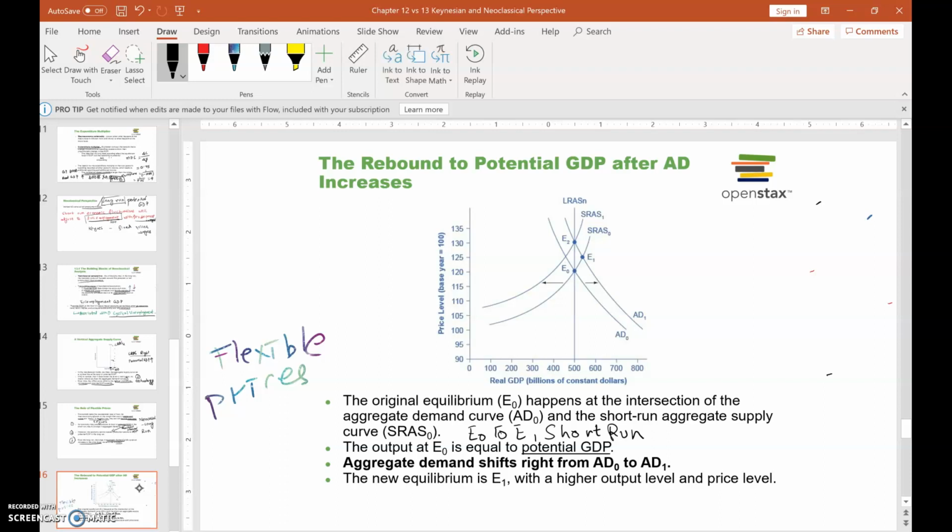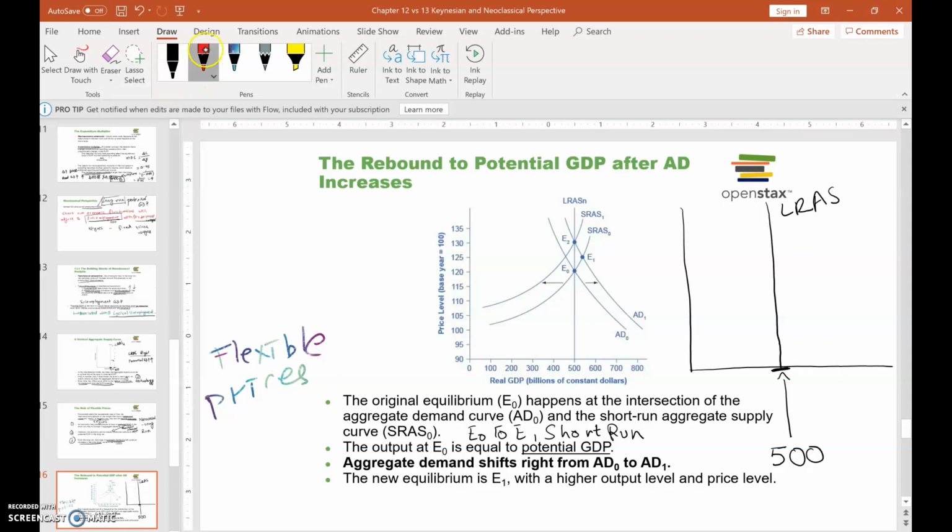I really want to reproduce this graph so that it becomes easier for students to follow. I will draw this long-run aggregate supply curve, and the output associated with it is always called the potential gross domestic product. I know I keep repeating myself, I just want you to get it.